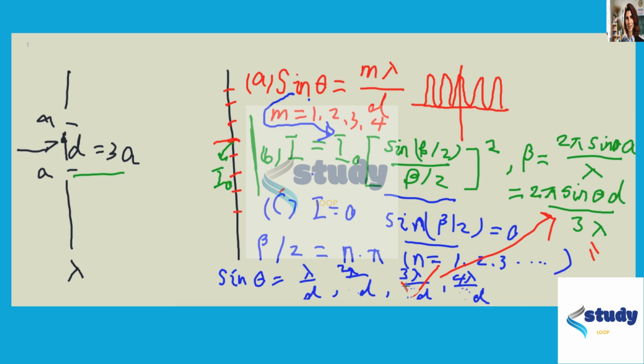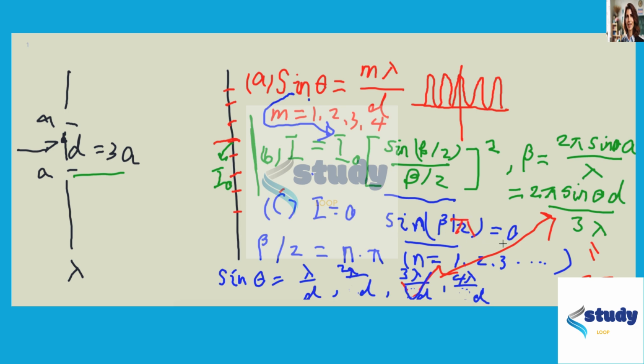If we plug it into here, what do we get? Beta equals 2 pi. And this will give us beta over 2 equals pi. There will be pi.